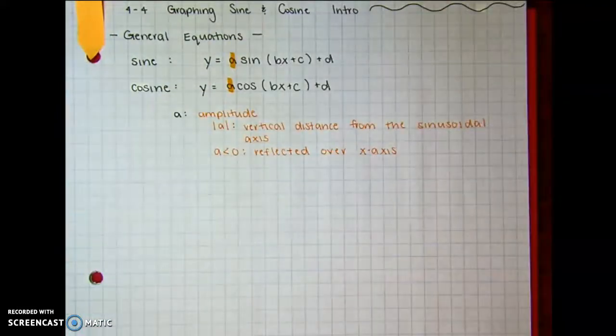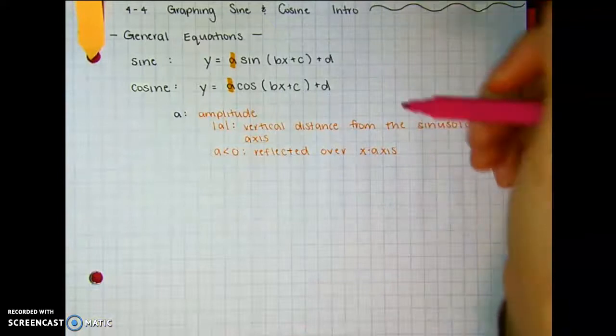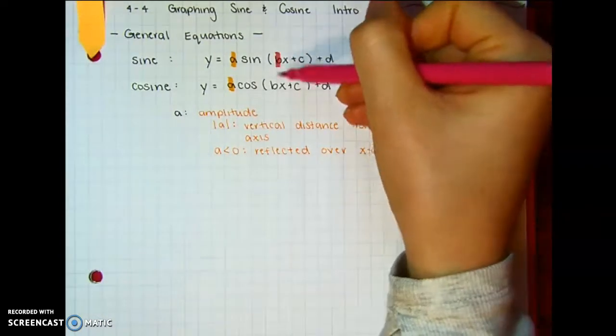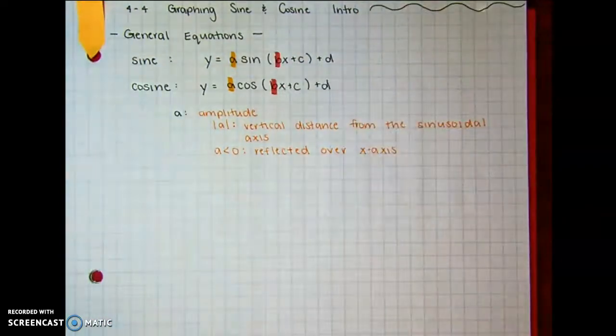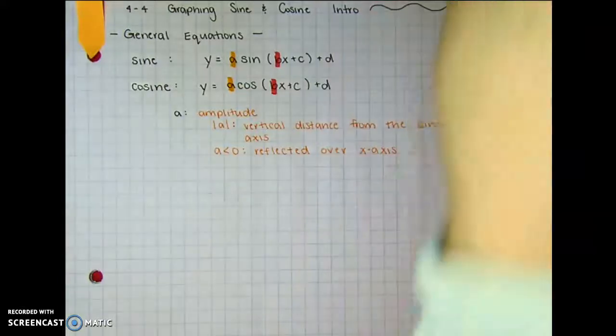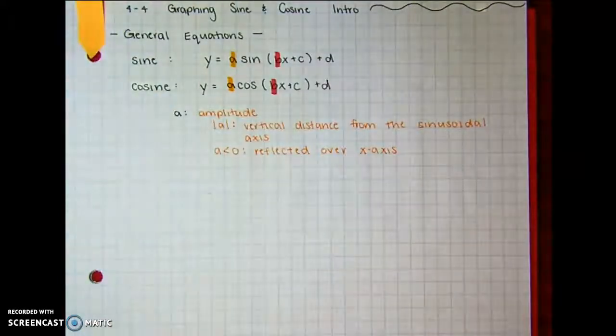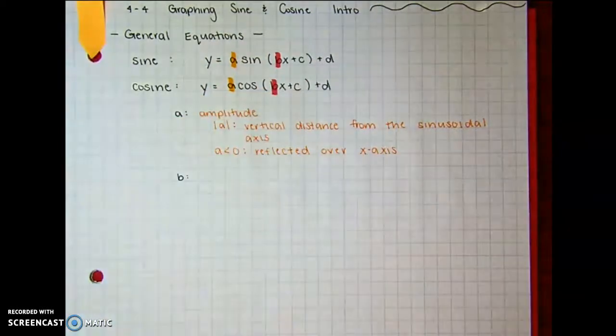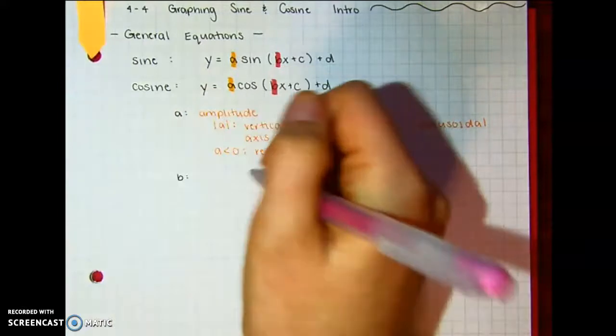B is going to help us determine the period. It's not too dark, you can still kind of see it. So B is going to help us determine the period.